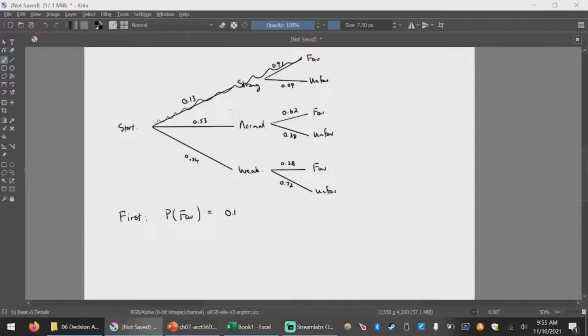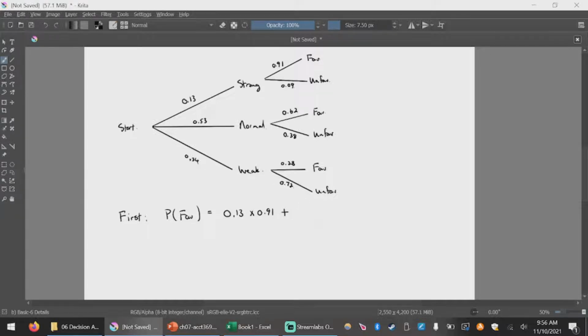I'm going to have to go all the way back. There we go. So the very top path has probability the product of the probabilities along the path. For this favorable result, there's another option I can get, which is completely separate from the top one. We say mutually exclusive, so we can just add them.